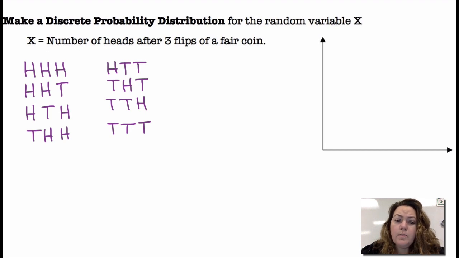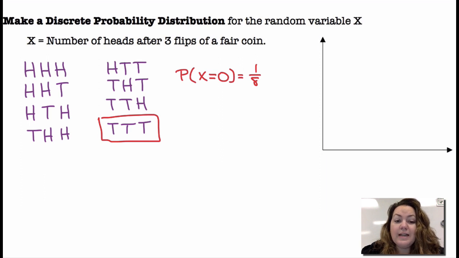All right, so the number of heads after 3 flips of a fair coin, well, I could have 0 heads. So the probability that x, the number of heads after 3 coin flips, is equal to 0, there's only one outcome out of 8 total outcomes there. So 1 out of 8, the probability that x is equal to 0.